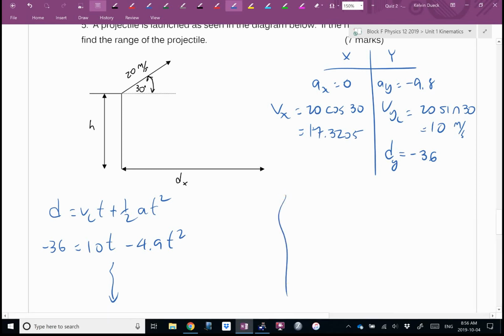Here is the method if you don't like using the quadratic formula. You can choose to find Vy final. I'm looking for an equation that has an A, a Vi, a D, and a Vf. There is one. Vf squared equals Vi squared plus 2AD.